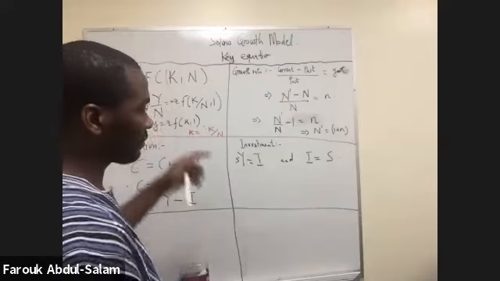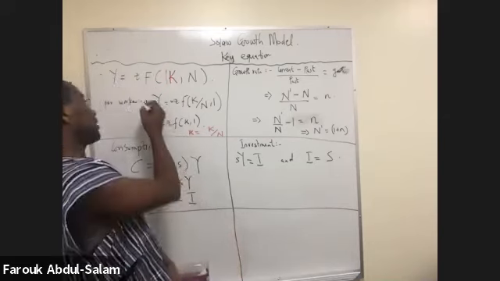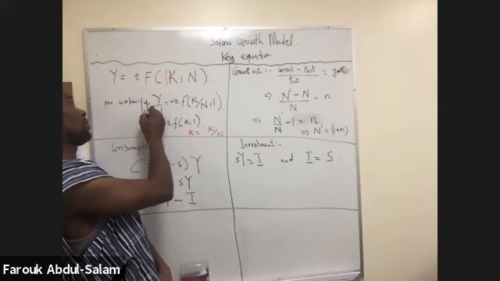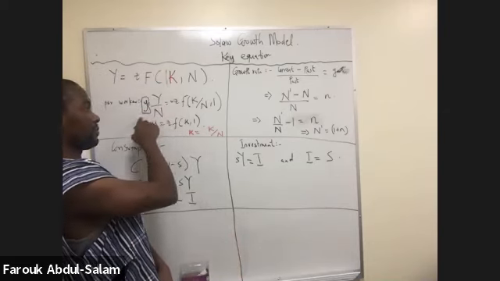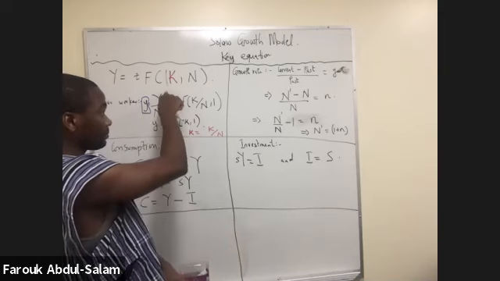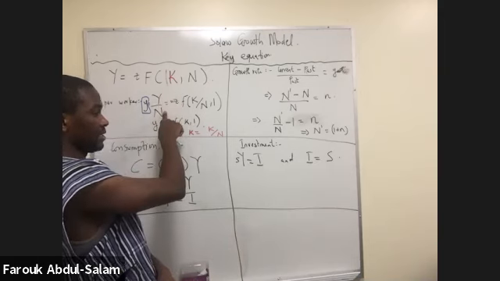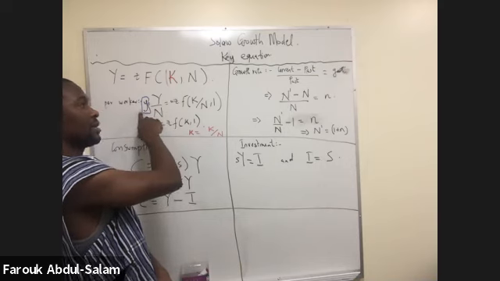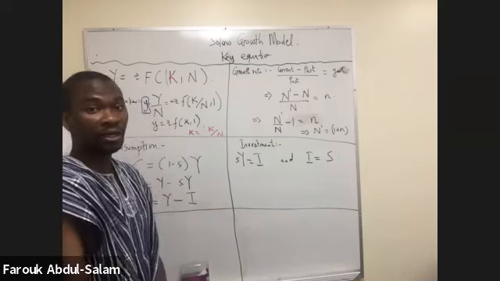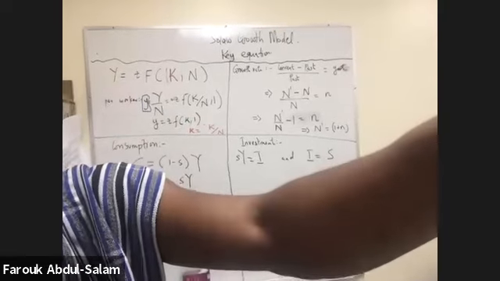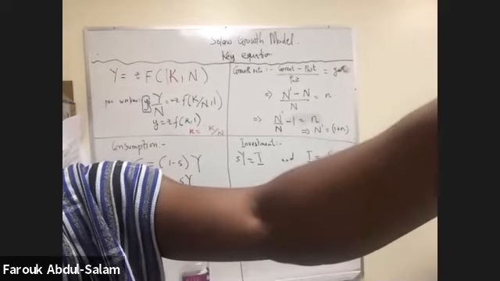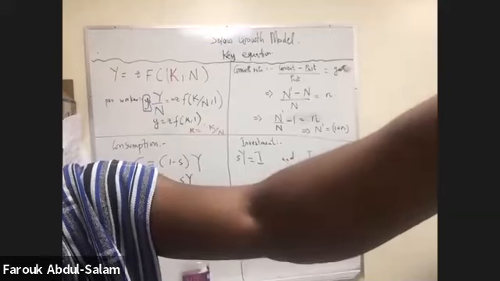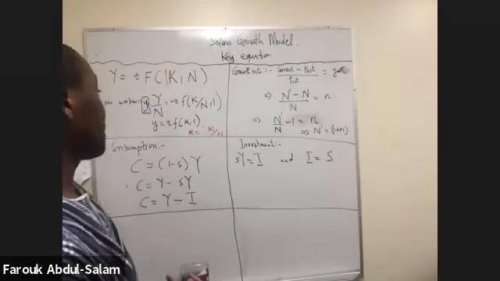And this is going to be very, very important whenever we have smaller letters compared to bigger ones. So whenever you have big Y divided by big N, you have a smaller representation of it. Either it is output per worker, or it might be capital per worker, or whatever variable is being given to us.